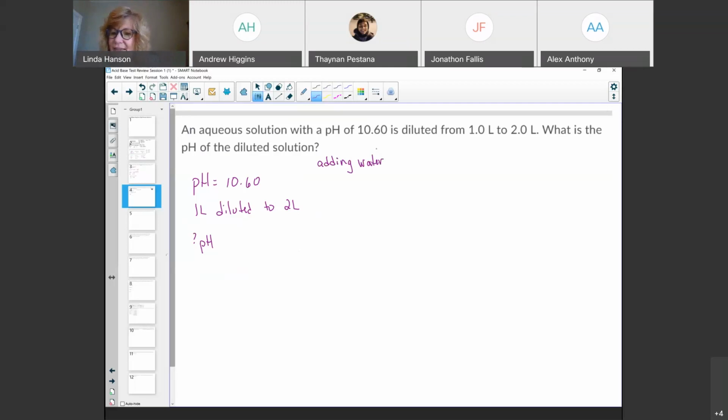Perfect. Yes, thank you. I agree. Absolutely. The more and more water that I add to the solution, the more it should become closer to 7, the pH of actual water. So I know my answer needs to be less than 10.6. That's just me thinking out loud logically.